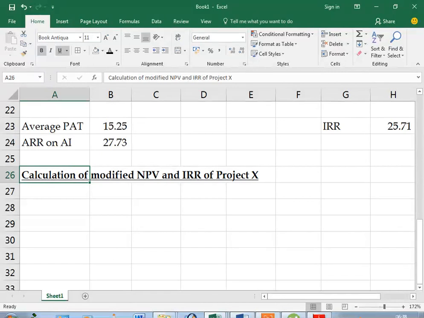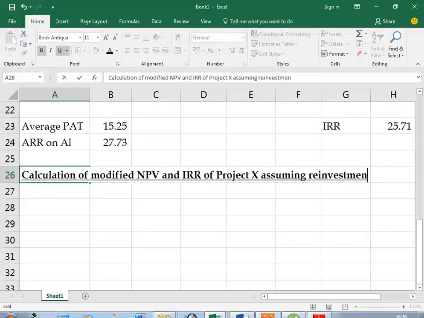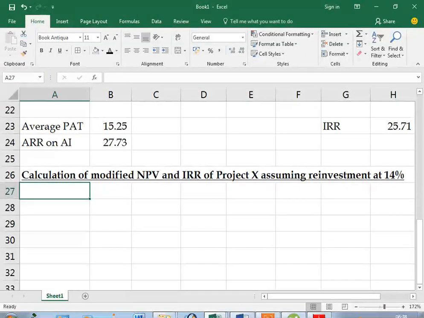Whatever I am getting in between will get reinvested at cost of capital unless the question provides otherwise. In this question they have said you can take two reinvestment rates. What are the reinvestment rates they have said? So I am first doing 14, assuming reinvestment at 14%.